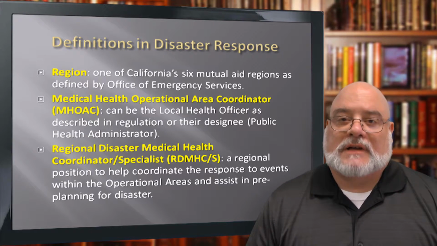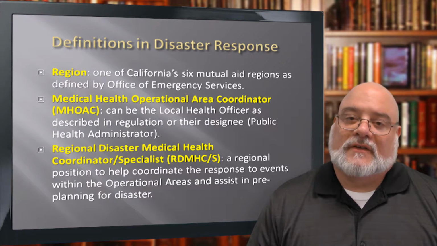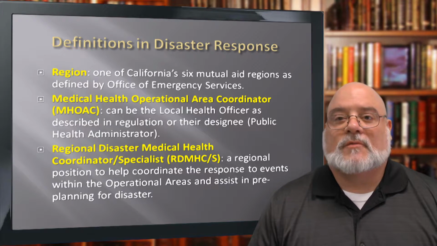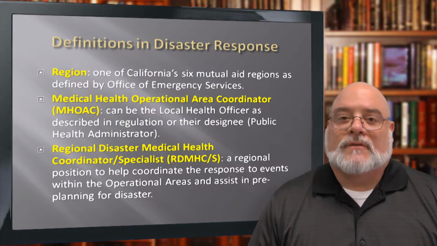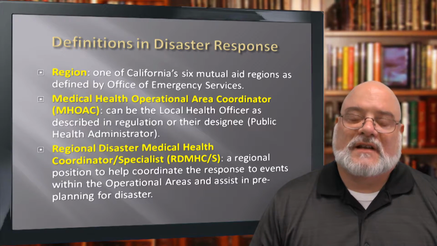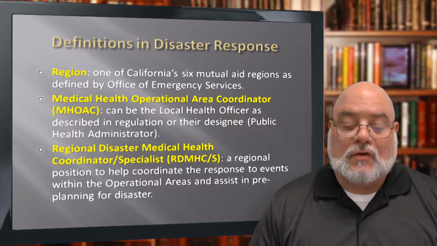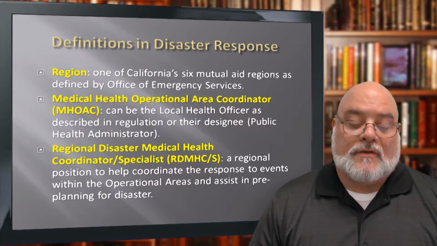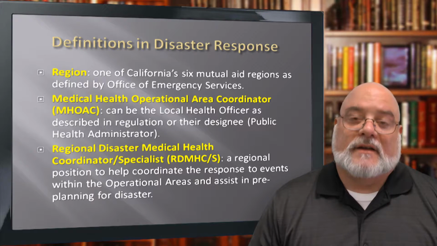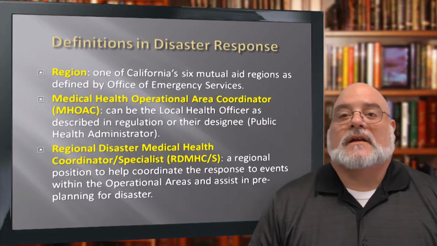These are primarily planning positions, except when there is an event, and they can be activated to help coordinate resources. If you look in the California Health and Safety Code, there are 17 different functions. Many times this is the local health officer or their designee, and the LEMSA administrator, or local EMS agency administrator, can be the MHOAC.